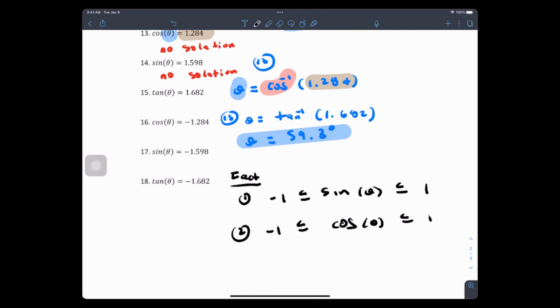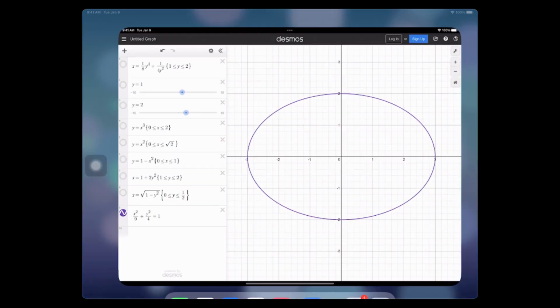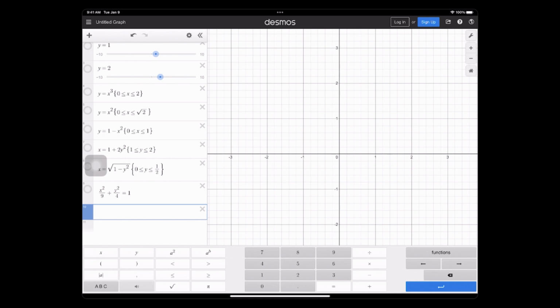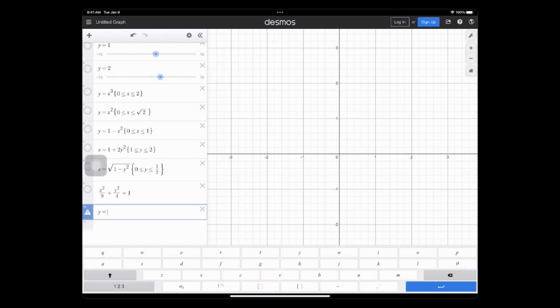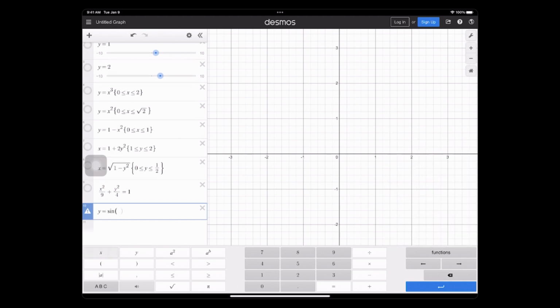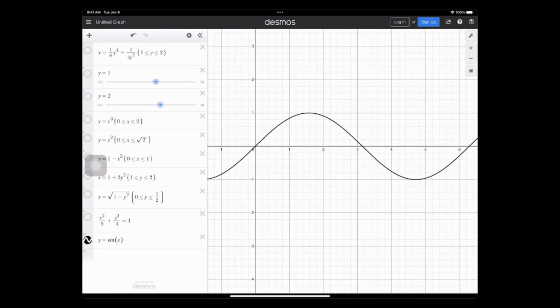So yeah, look at the graph. If we go back to our whole graphing concept, you go, okay, why is that? This is stuff I use for the calculus students. Let's say y equals sine, and they don't use theta, they use x, okay? Now, that's our sine curve. It's not a restricted domain.